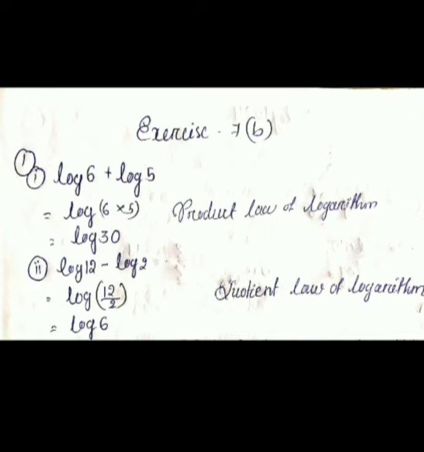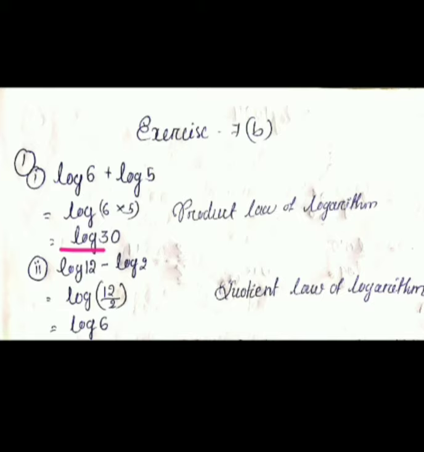Log m plus log n equals log mn, or log mn equals log m plus log n. Okay? So according to that law, just multiply 6 and 5. Log of 6 into 5, that is log 30. Okay?